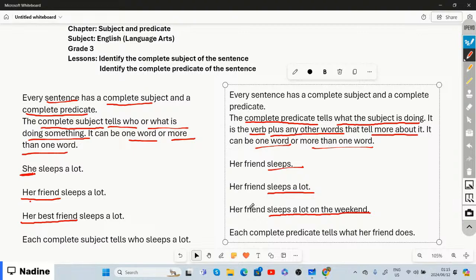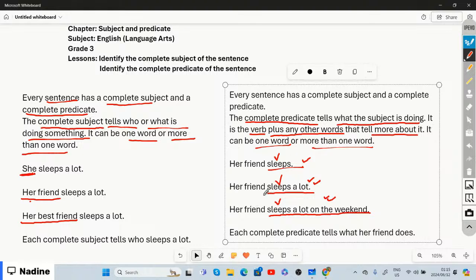So once again, we see that the complete predicate tells us what the subject is doing. It is the verb, which is sleeps, plus any other words that tell us more about what the subject is doing. And we have noticed that it is either one word or more than one word.